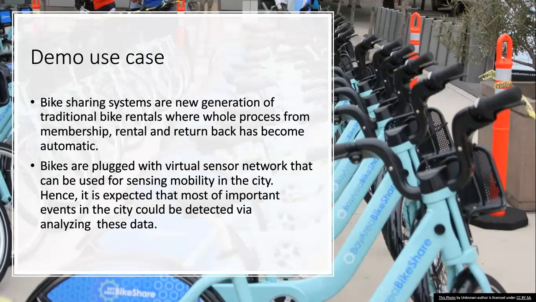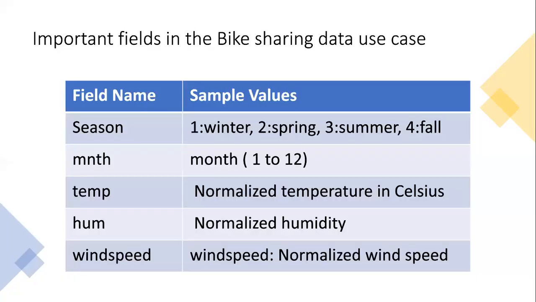So this use case will talk about whether we can hire a bike now based upon the climate conditions, or whether we should refrain from taking a bike now to go for a ride. Because if it is sunny, if it is about to rain, you don't need to travel on a bike, right? So this use case will tell you how to understand the climatic conditions and all that.